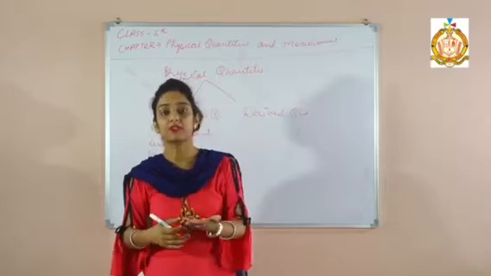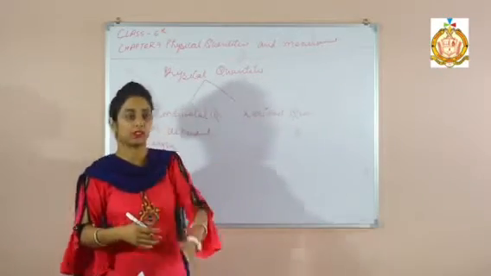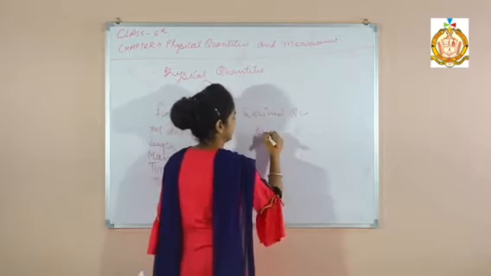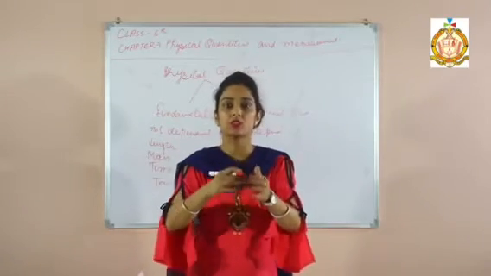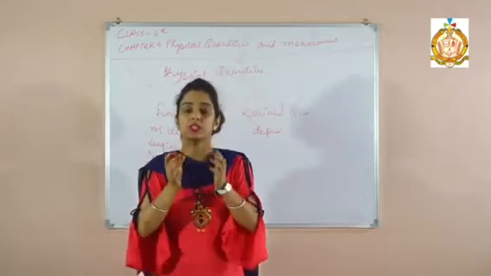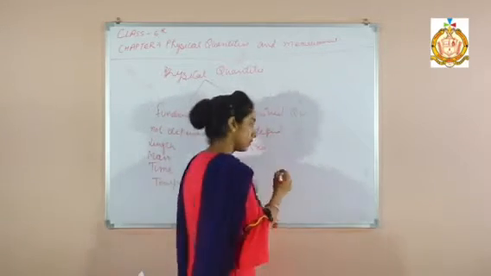Now, what are derived quantities? Those quantities which depend upon another quantity are called derived quantities. Like we need to find the area of a room, right?